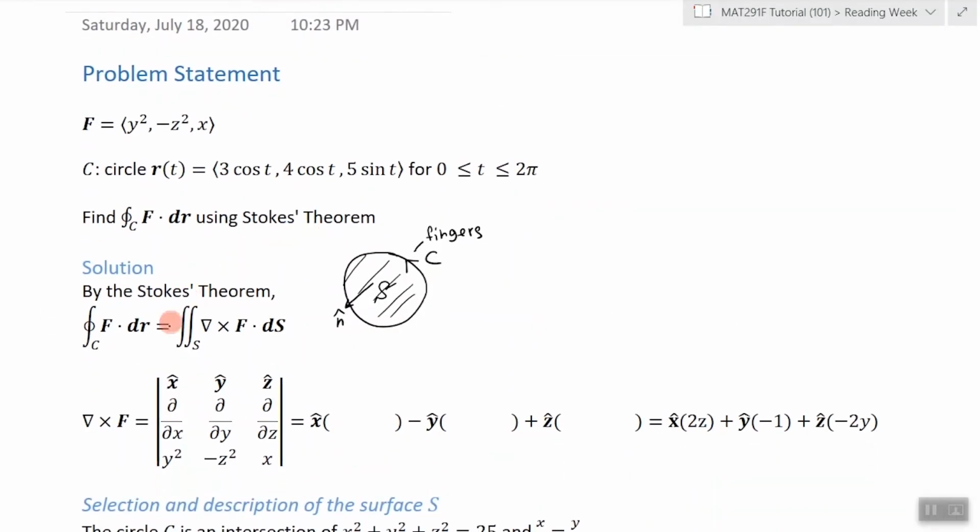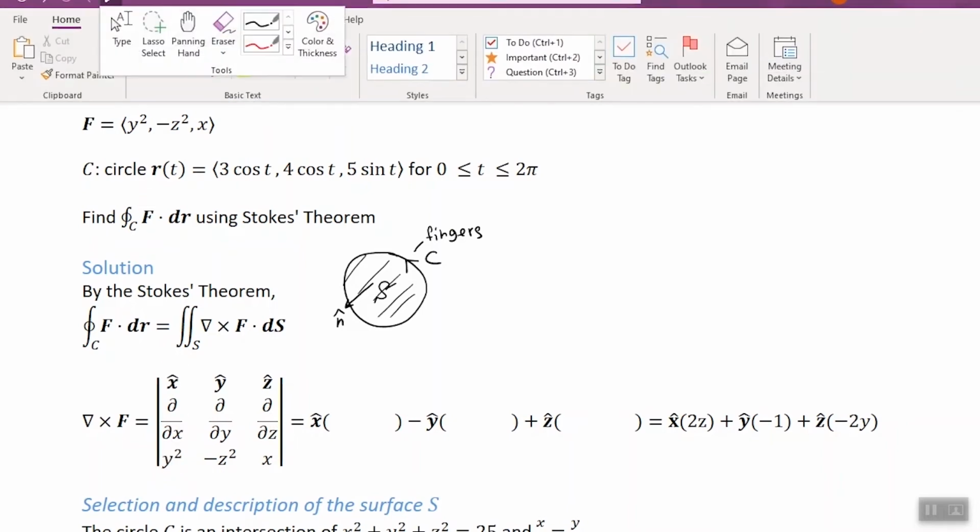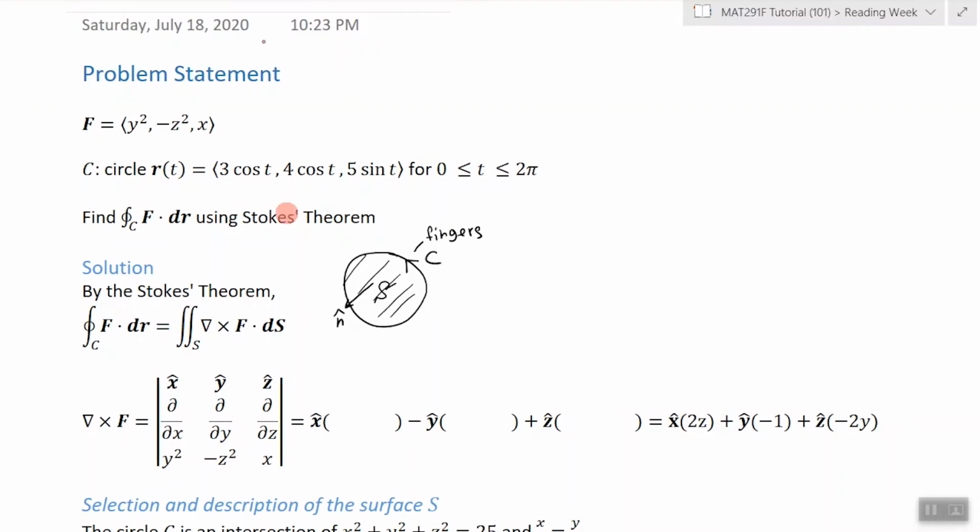So we want to use now the right-hand side of the Stokes theorem to get the value of this integral. First, let's compute the curl of the vector field f. Again, I have the del operator here, and then here I have the vector field. The x component of this curl is equal to 0 minus negative 2z.